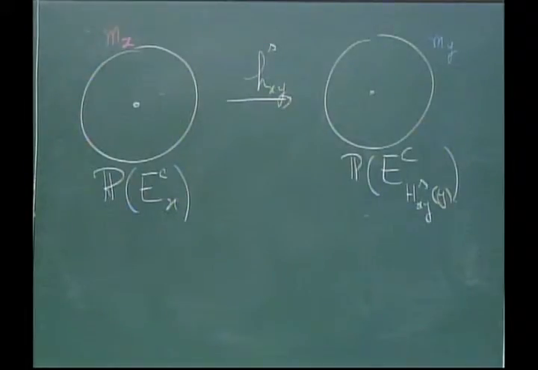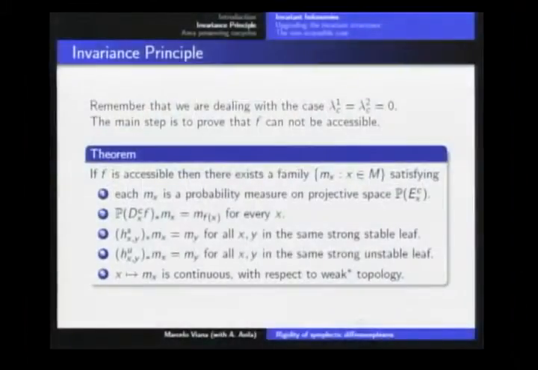And then as a consequence, these probability measures vary continuously with the point. So basically the invariance principle says that at each point, you can assign a probability measure on projective space, which is a circle. And these measures are invariant under anything that you can think of: the dynamics, both holonomies, and consequently, they depend continuously on the base point.